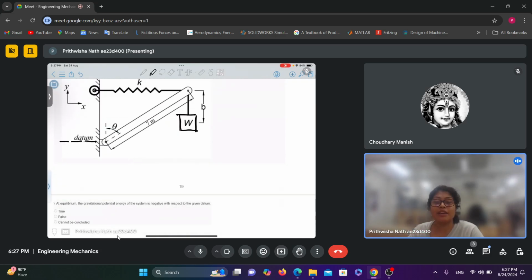So can you tell me if the gravitational potential is negative or positive with respect to this datum level? Can you tell me?